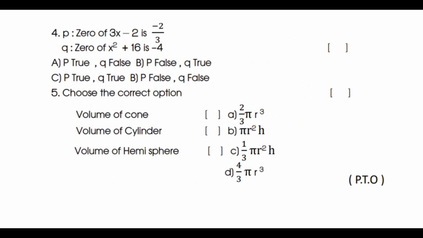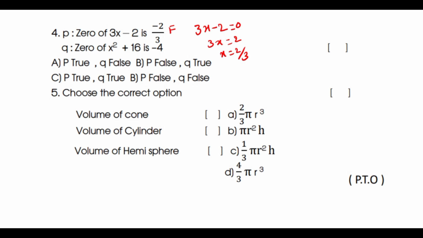Question number 4. The zero of 3x minus 2 is minus 2 by 3. To find the zero, you take 3x minus 2 equal to 0. Then 3x equals 2, x equals 2 by 3, not minus 2 by 3. So this is false. And the zero of x square plus 16 is minus 4.